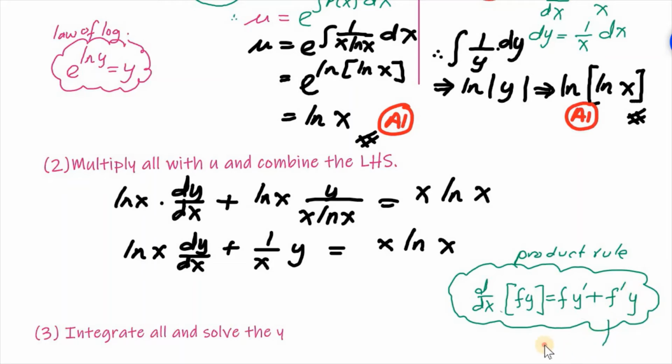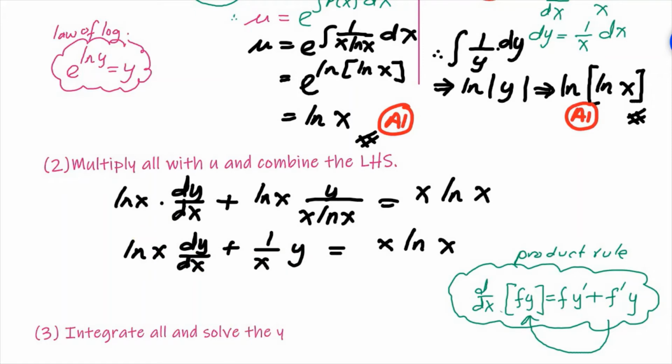So now we move from here to here: f dy dx plus f prime, the derivative of ln x, which is 1 on x, times y.